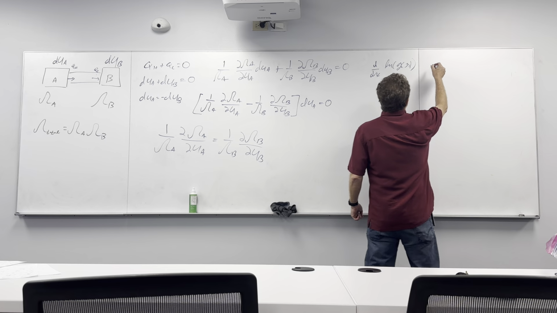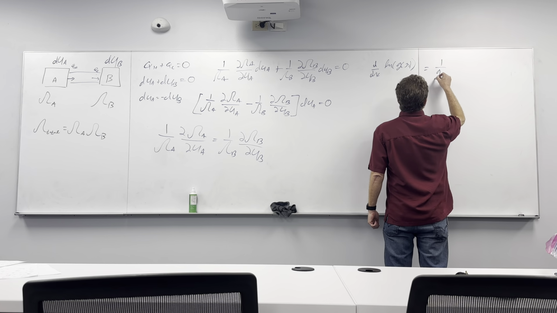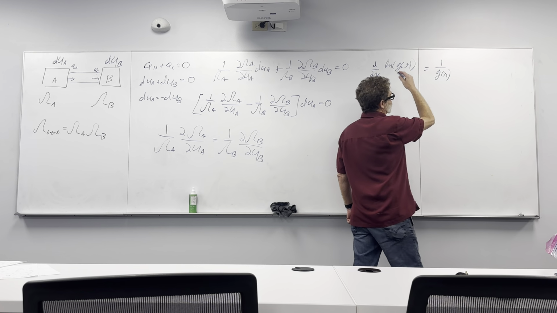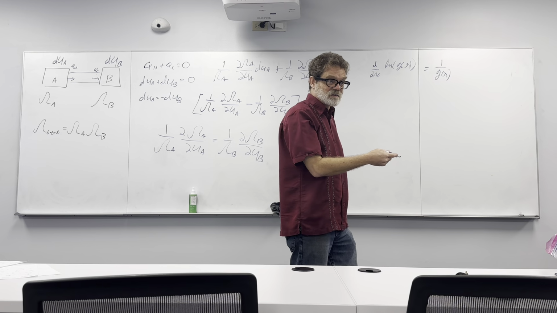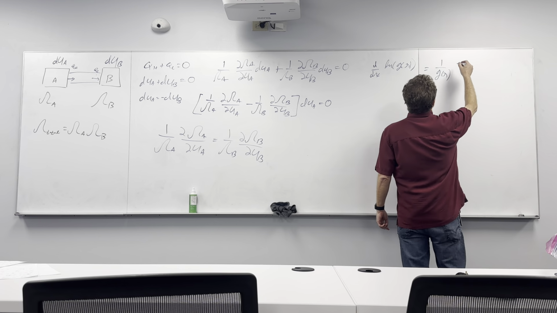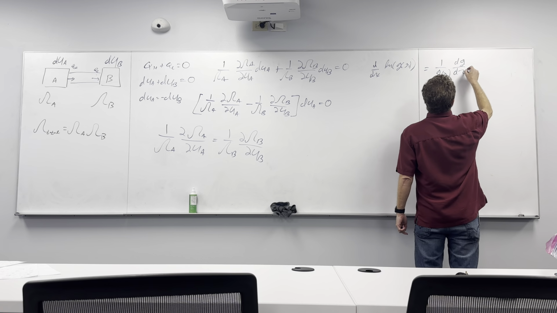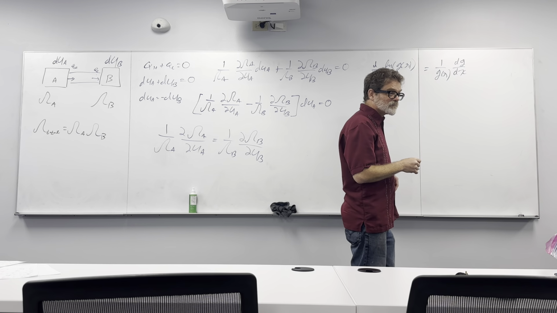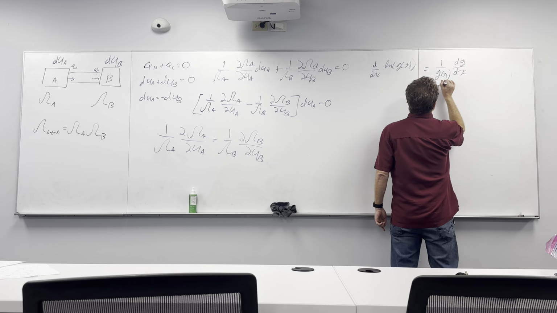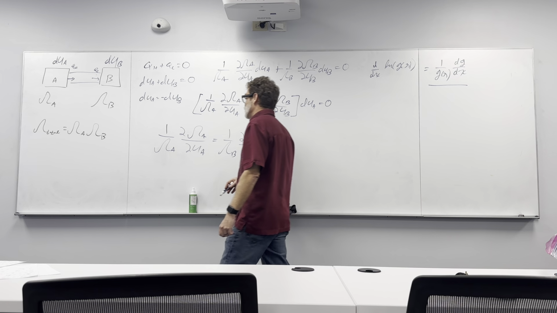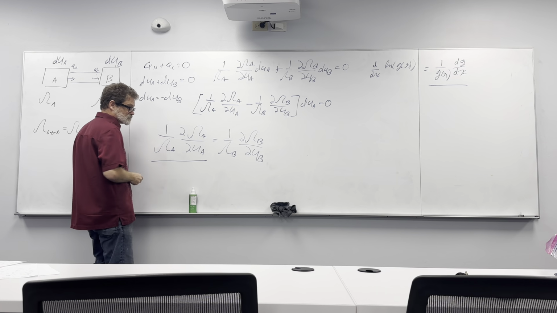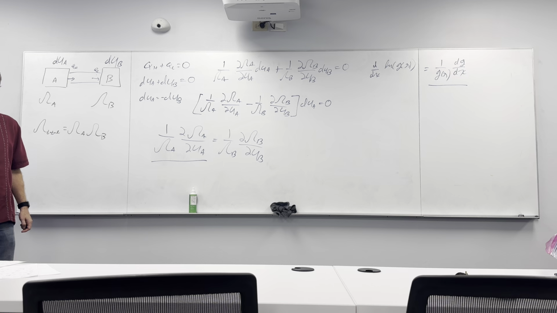It's going to be 1 over g of x, and then I have to do the derivative of the inside, which is the derivative of g with respect to x, right? Now look at this, and look at this. It's the same thing, right? That's g, this is sigma.